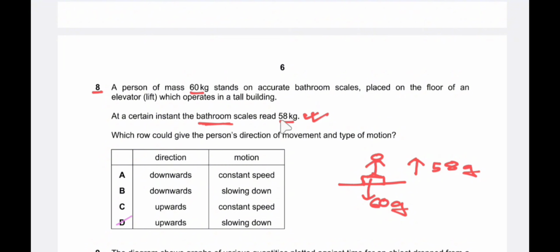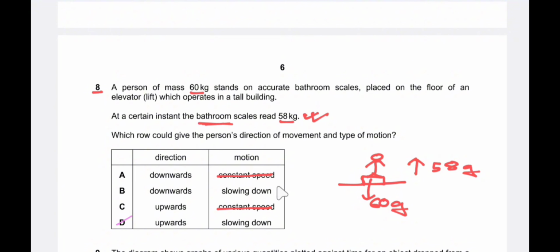The reading on the bathroom scale is the upward force on the person, which is 58 g, and this is 60 g, which is the weight of the person downwards. As we can see, the downward force is not equal to the upward force, so there is some net force, and there is no constant speed.